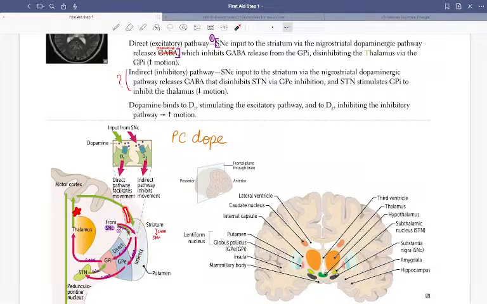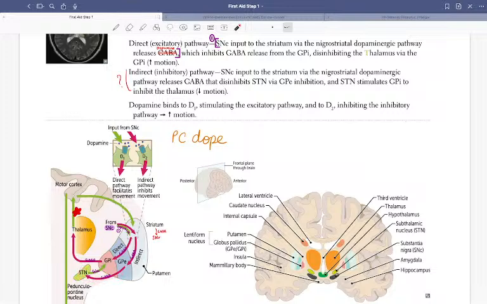From the putamen you have the direct and the indirect pathway. The indirect one is when it goes to the GPE, globus pallidus externus, which basically secretes GABA and inhibits the thalamus.